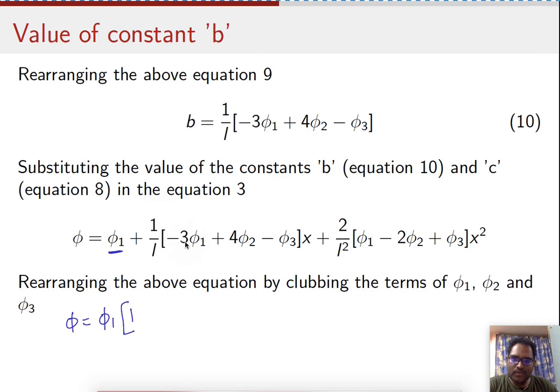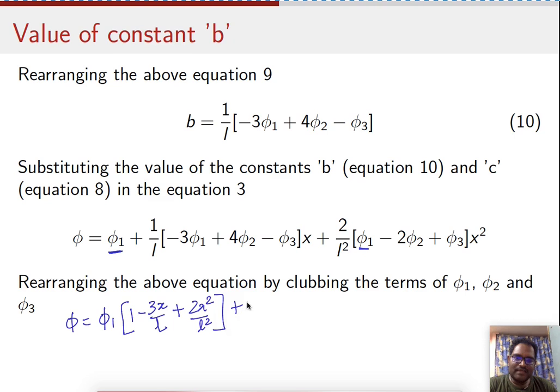Phi 1 is present over here, we have minus 3 into 1 by L, and x, or basically it is minus 3x by L, plus again we have another phi 1 term over here. So now it is 2 by L square and then x square, so it is plus 2x square by L square.